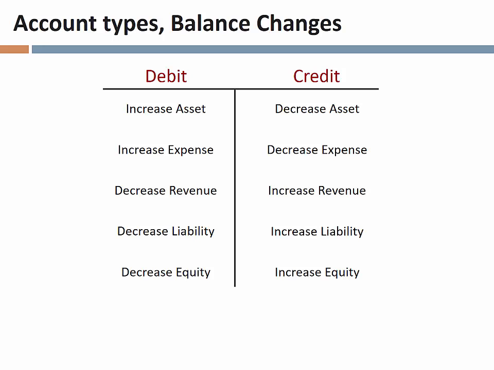If I debit a revenue account, that means I have less revenue. For a liability, an increase in liability is reflected as a credit. A decrease in liability is reflected as a debit. And for equity, an increase in the equity value is reflected as a credit, and a decrease is reflected by a debit. You've got to be able to keep those straight to do double entry financial accounting.